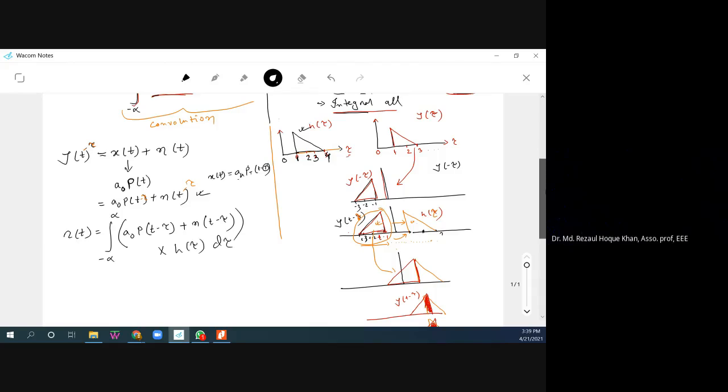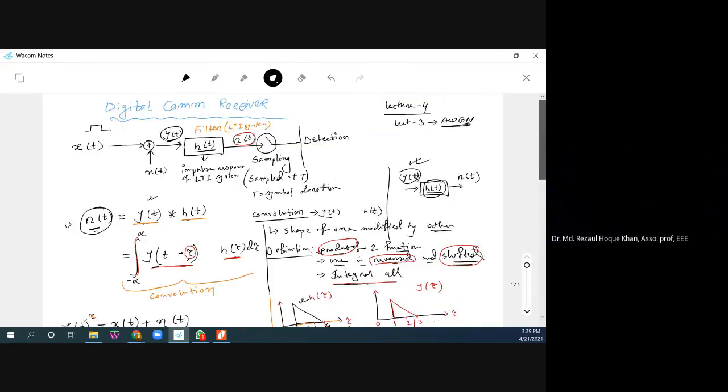That's our complete equation. Now we have seen in the receiver model that the received signal r of t is sampled at T. It is a well-known fact that in digital communication, when we receive the signal, we sample it the same way the signal was sampled when it was transmitted.